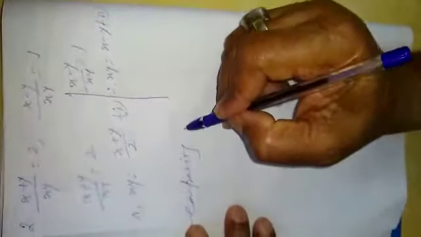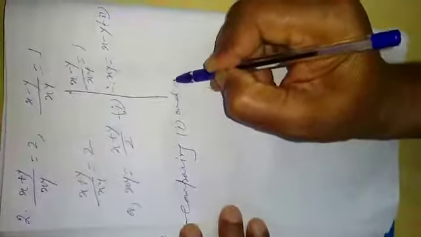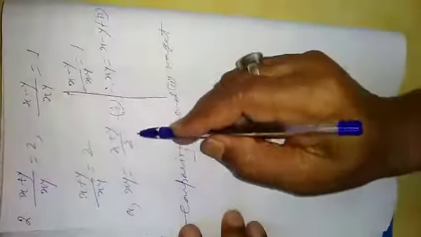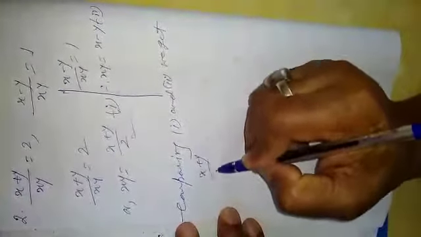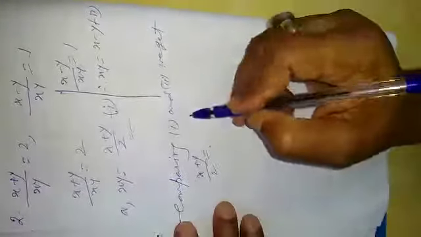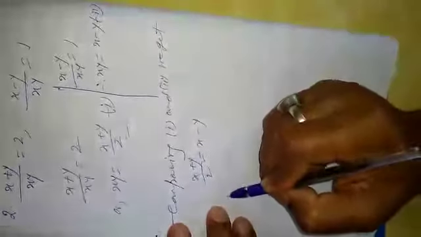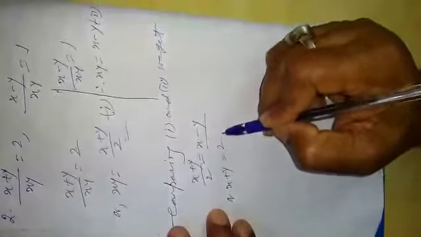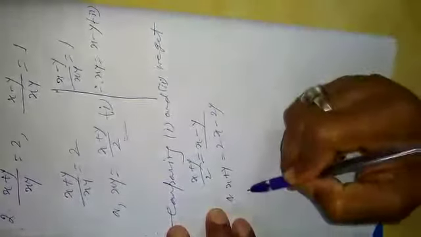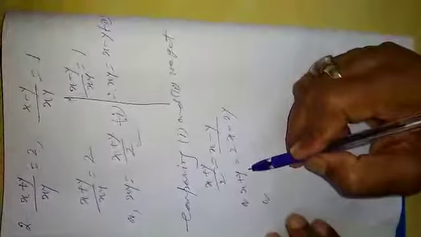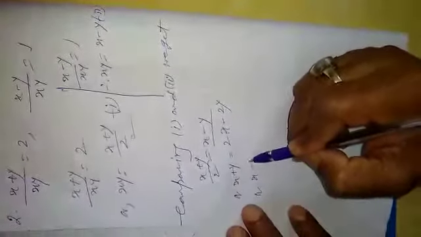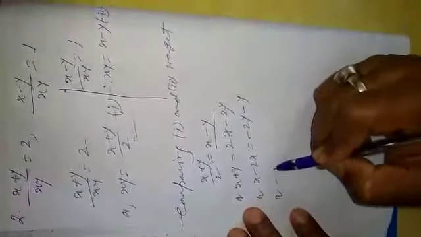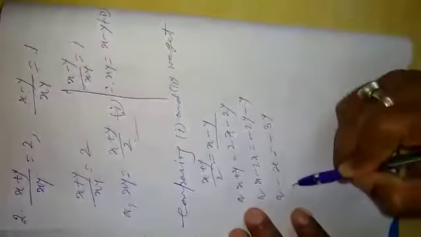So you have to write comparing 1 and 2. We get (x + y)/2 = x - y, or x + y = 2 into (x - y), that is 2x - 2y, or 2x - x... minus 2y... or x = 3y.